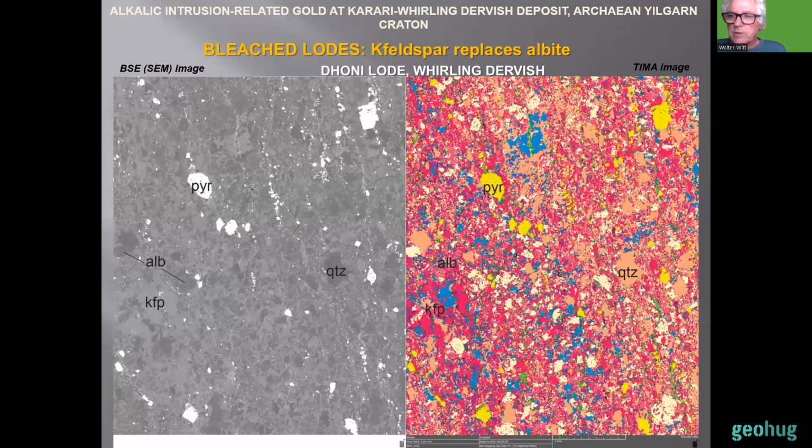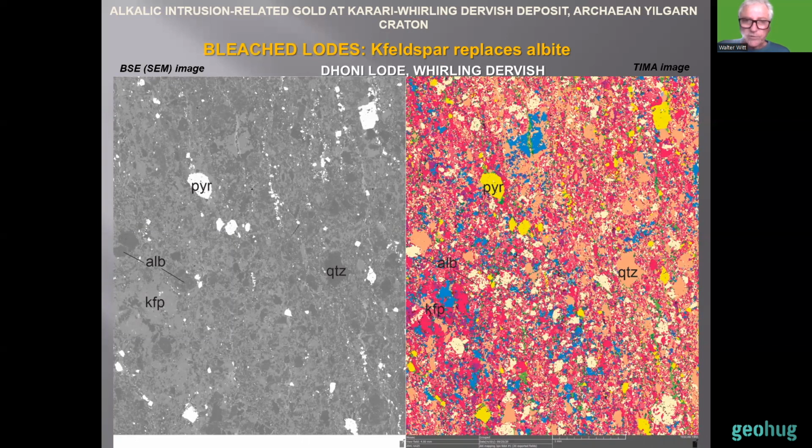Use of the scanning electron microscope and TIMA imagery show that albite and quartz appear as relics in a replacive sea of K feldspar, the K feldspar in that SEM image being the paler grey.